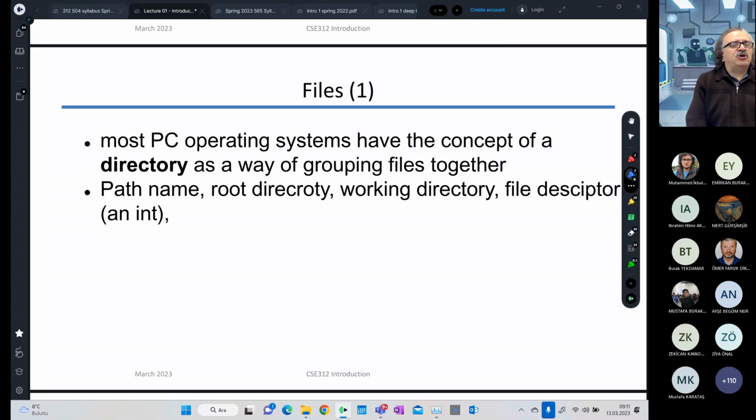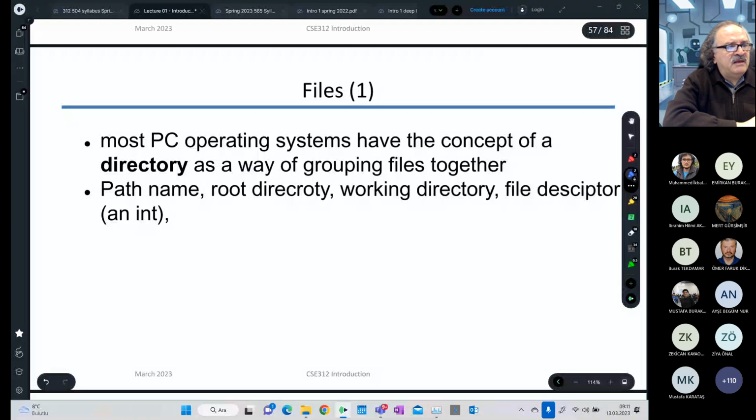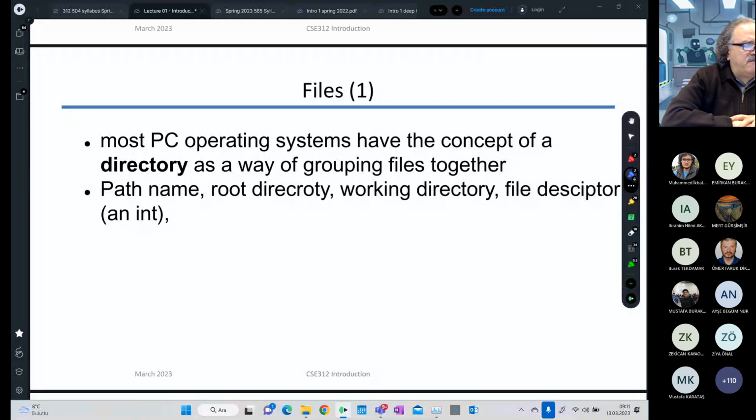If you keep your related files together, that becomes a directory. So it's a way of grouping files together. In our PC operating systems, such as Windows or Linux, we call them either directories or folders.